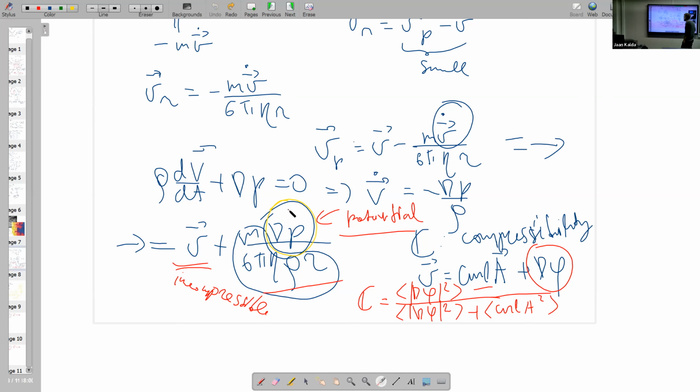So the velocity of the inertial particles in the fluid is the incompressible velocity field of the fluid which is moving, plus a potential part which makes the inertial particles go into patches.